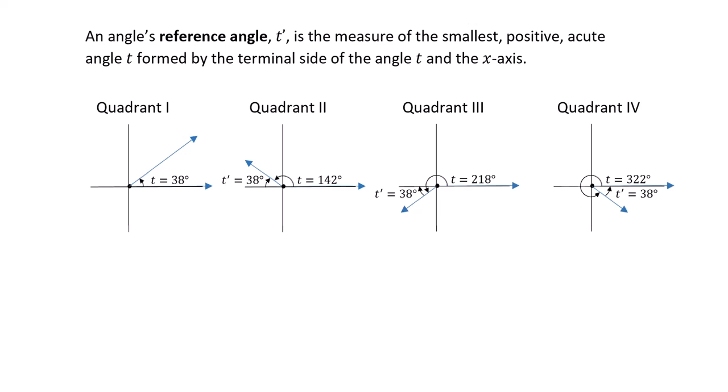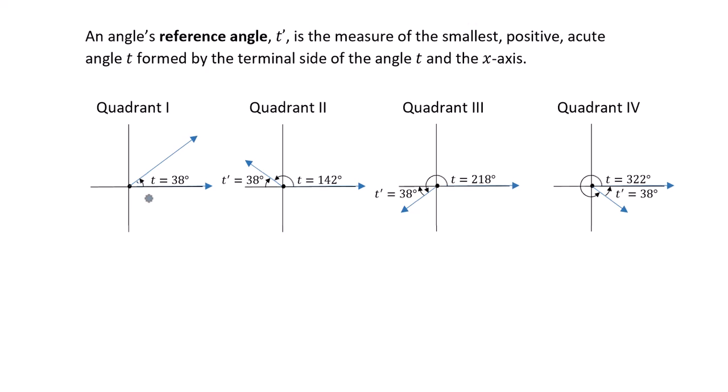An angle's reference angle, t prime, is the measure of the smallest positive acute angle t formed by the terminal side of the angle t and the x-axis. Let's look in the different quadrants. For an example here, I have t equals 38 degrees. Now, the reference angle is going to be the smallest measure that it takes to get back to the x-axis.